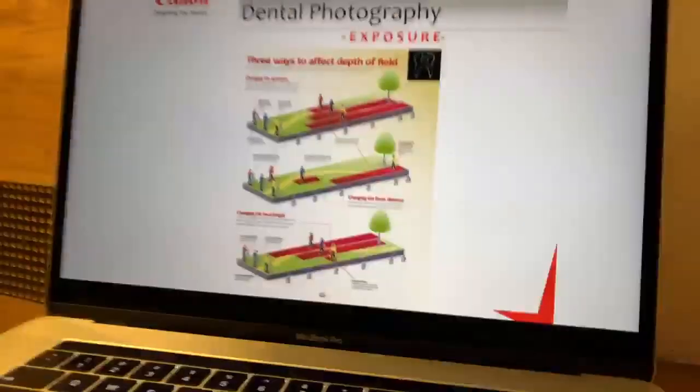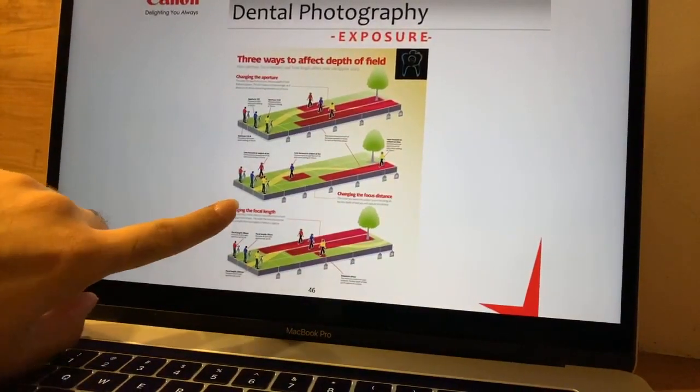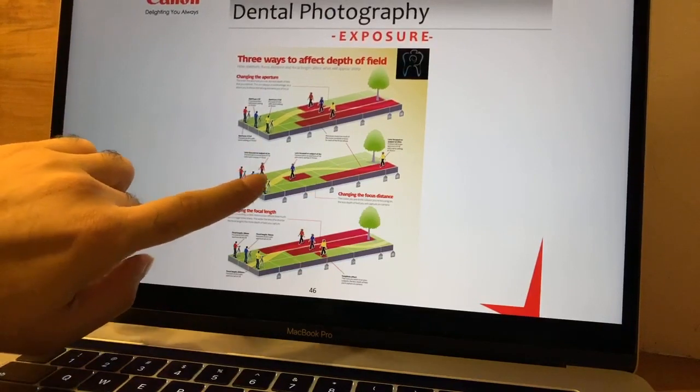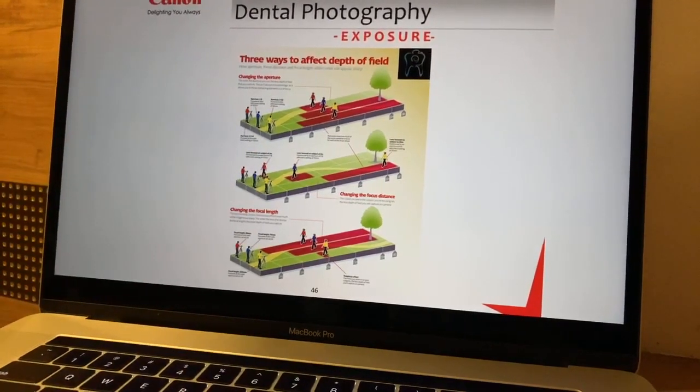So which lens is going to allow you to come closer? I think this lens is going to allow you to come closer because the minimum focusing distance of this 100 mm macro lens is pretty low. In the sense, it's going to allow you to come very close to the subject. And what happens if you go close to the subject? If you go very close to the subject, your depth of field becomes very shallow. That means your DOF is going to be shallow.